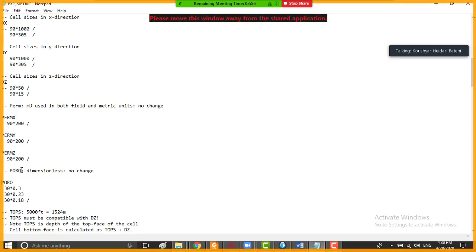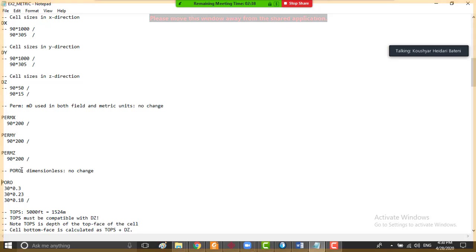They are telling us that the porosity in the first layer is 30%, in the second layer is 23%, and in the third layer is 18%. And it is only logical.